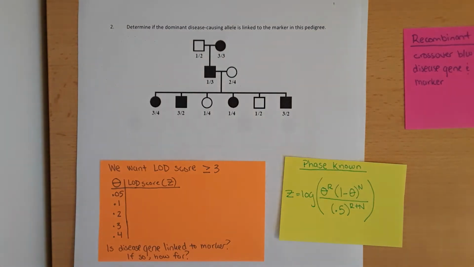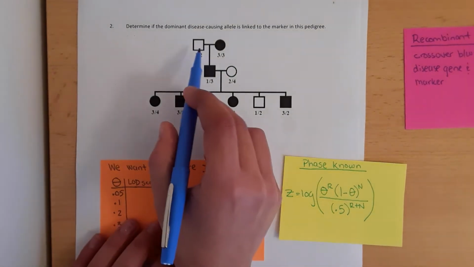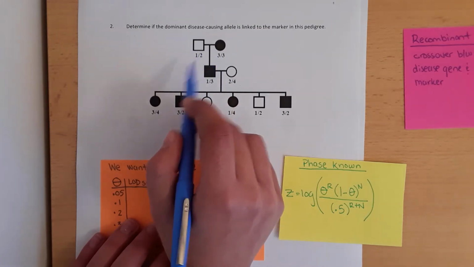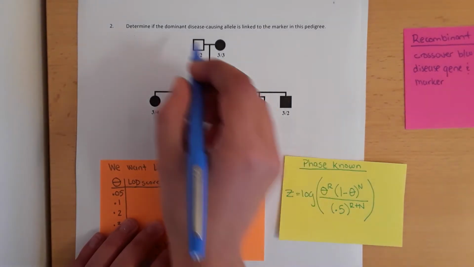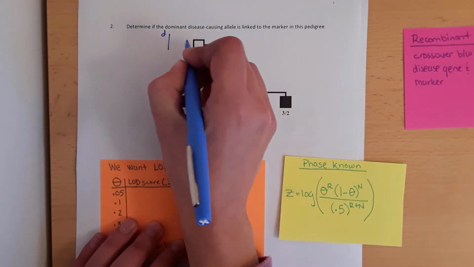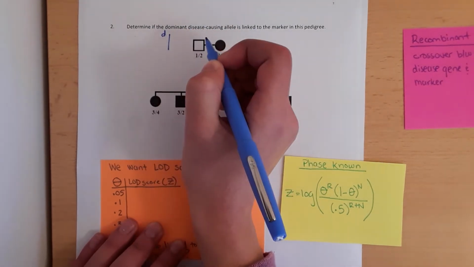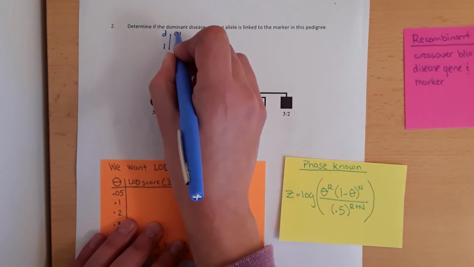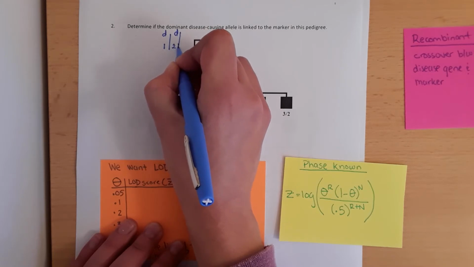First, we need to set the phase. Because this person is not shaded in, that means that they don't have the disorder. So we're going to write a little d, which is our disease gene, and the number 1, and then a little d, 2.